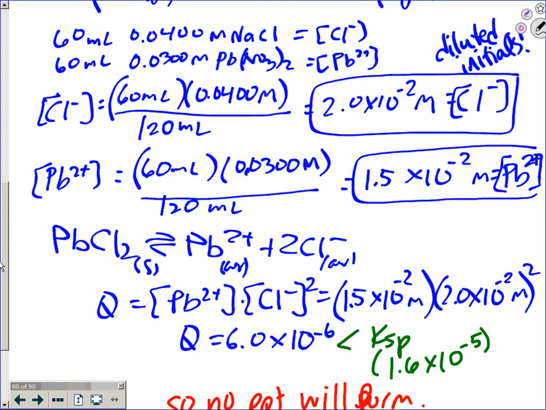In your PB in this reaction, you'll have an initial amount there, an I of ICE.